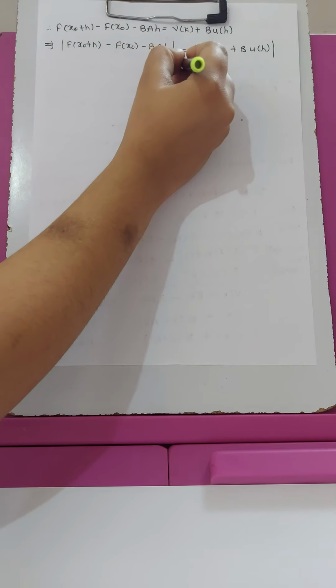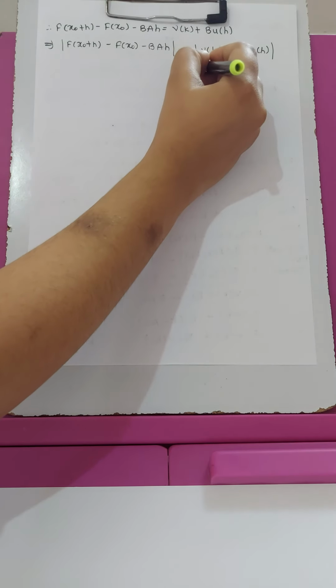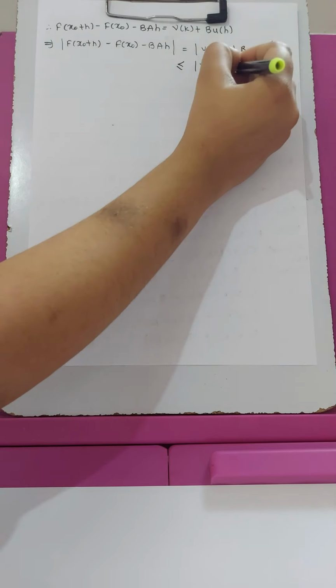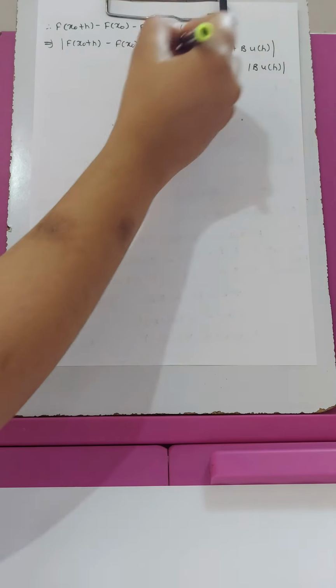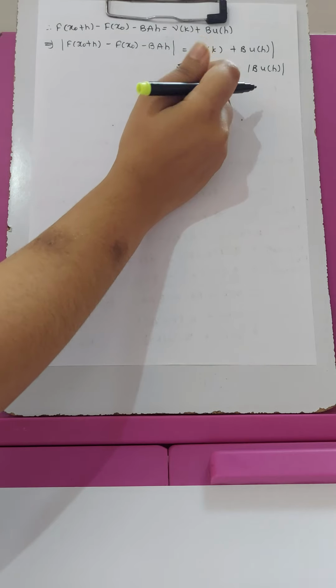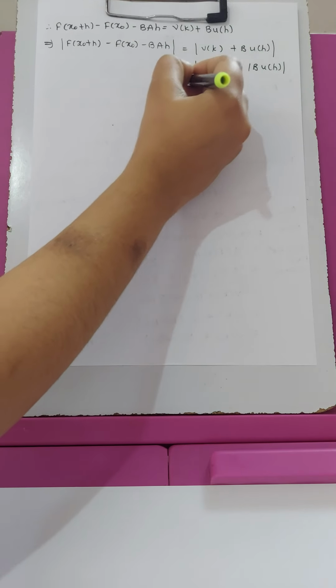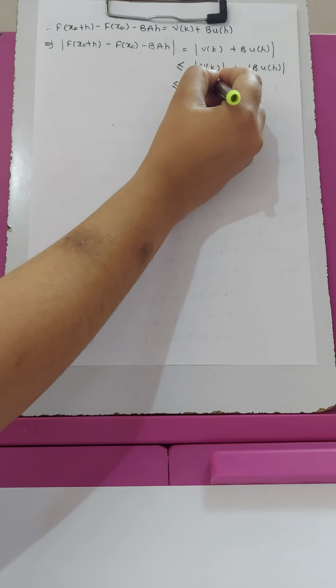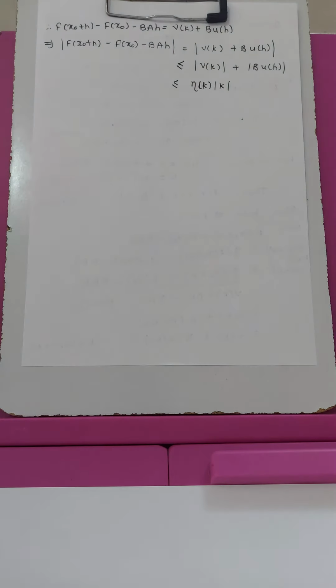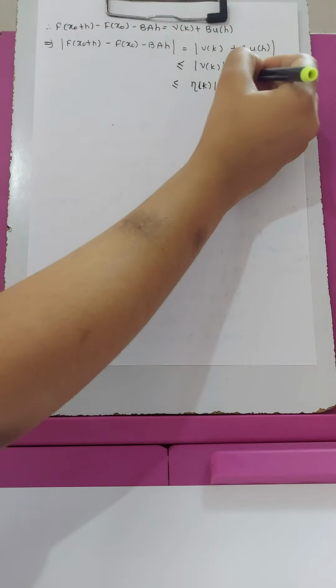Thus, separating the mod, this becomes less than or equal to mod of v of k plus mod of b of u of h. And we know that v of k is equal to eta of k mod k from 5.